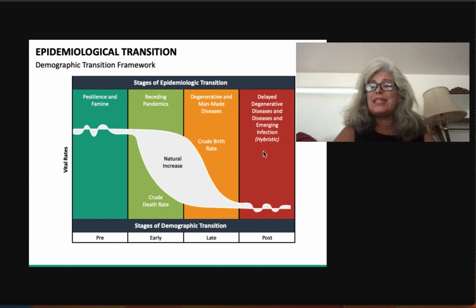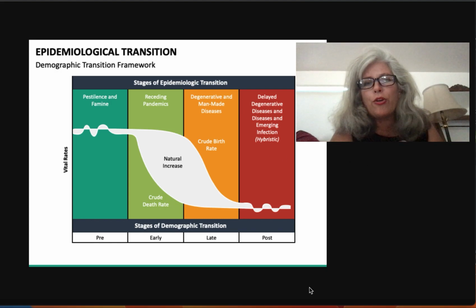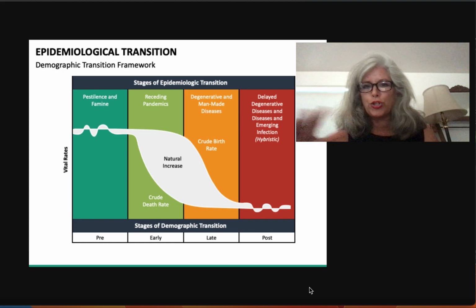And so in stage 4 on the epidemiological transition model, you will see that we have hybrid diseases that start to come into the foreground, meaning you've got regular mutations to maybe viruses or any other thing that can affect a large group of a population.